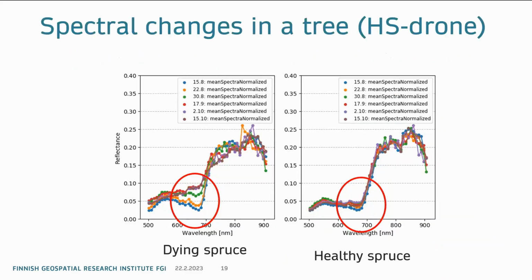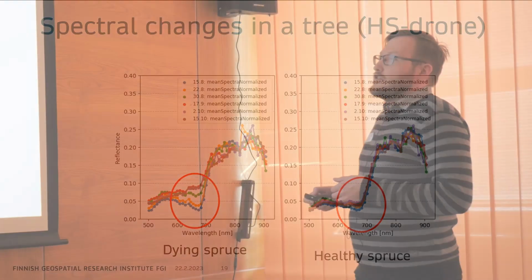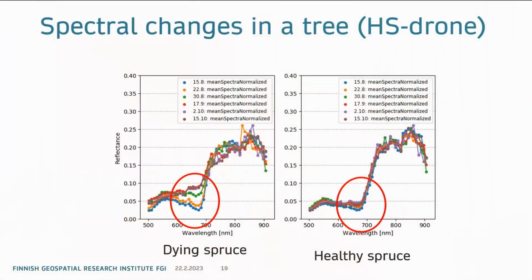And here is how these same two spruces that I just showed behave spectrally when we look at them in the hyperspectral drone images. On the left is the dying spruce, and here is the healthy spruce. The spectral curves start from August and go until October.